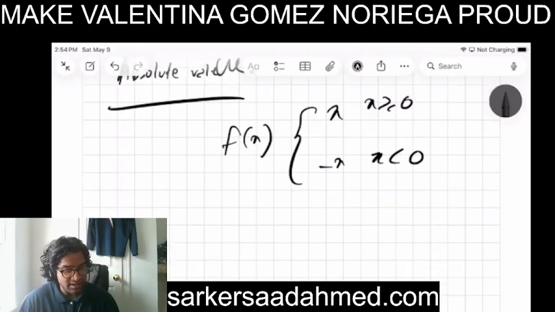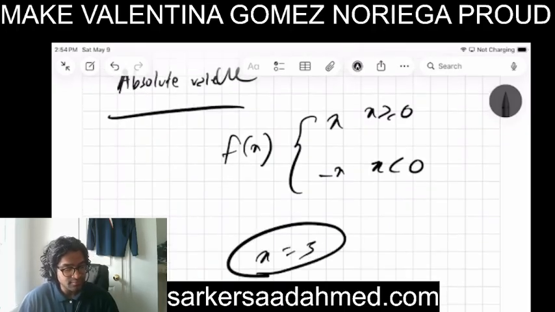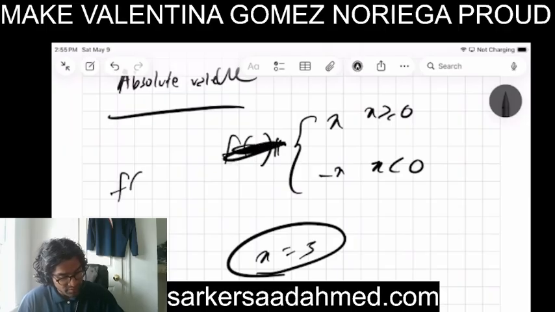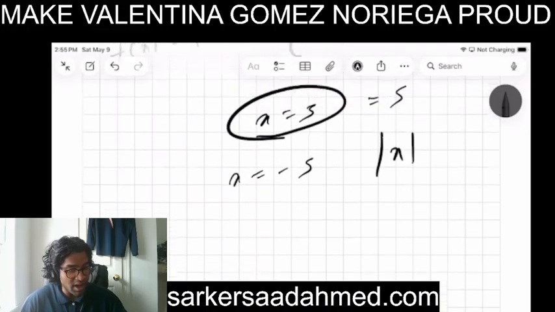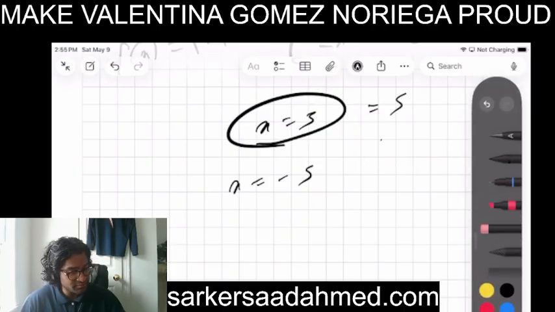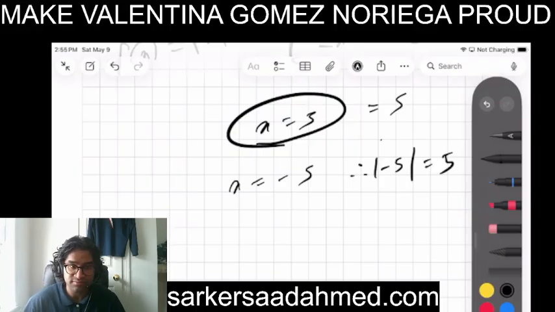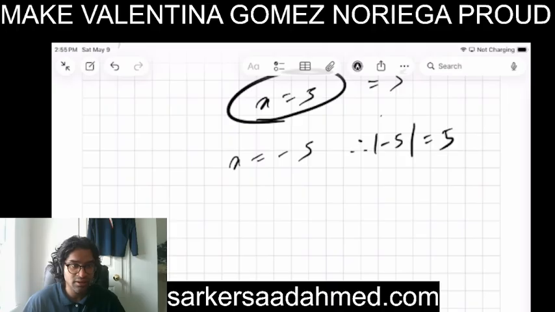Oh, sorry, I forgot to write the equation. So f of x is equal to the absolute value of x. Even if x is equal to 5, that will remain 5. And if x is equal to minus 5, I'm going to have the absolute value of minus 5, which is the same thing as 5, right?